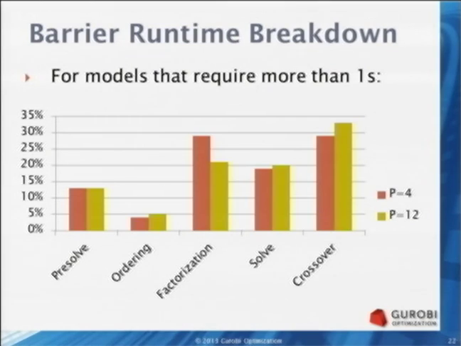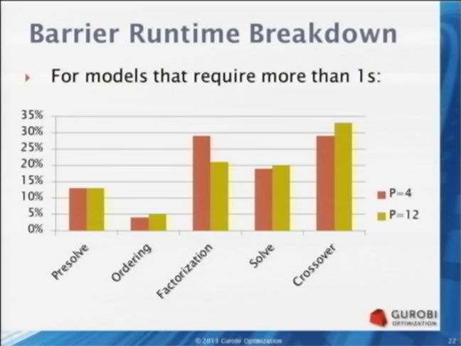And these are the top 5 consumers of runtime in the Barrier solver. And what you see is that indeed on 4 cores, factorization is the number 1 consumer of runtime, but crossover is just behind it. And then on 12 cores, factorization has actually fallen off quite a bit, and crossover has increased quite a bit.